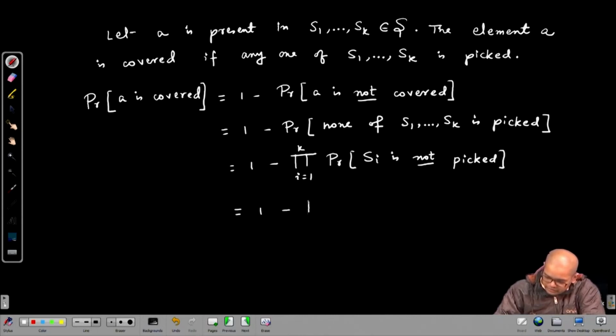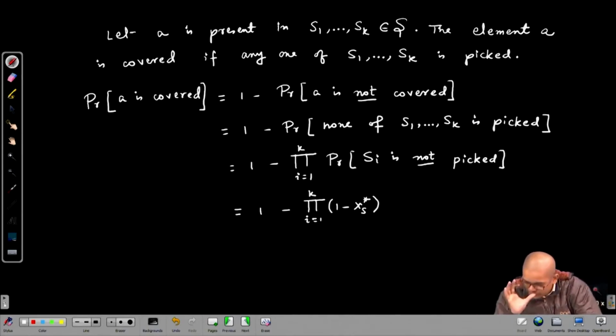One minus the product, i equal to 1 to k. Si is not picked, that happens with probability 1 minus x star s. Okay.